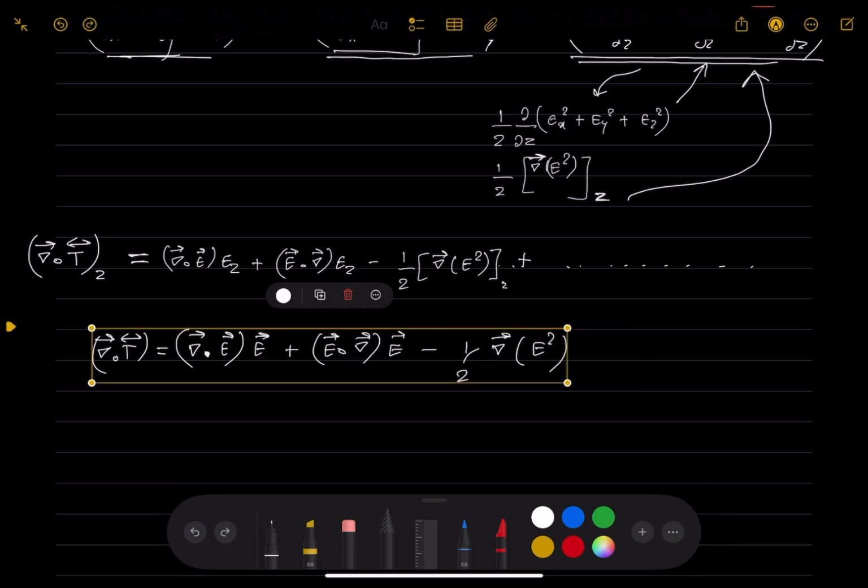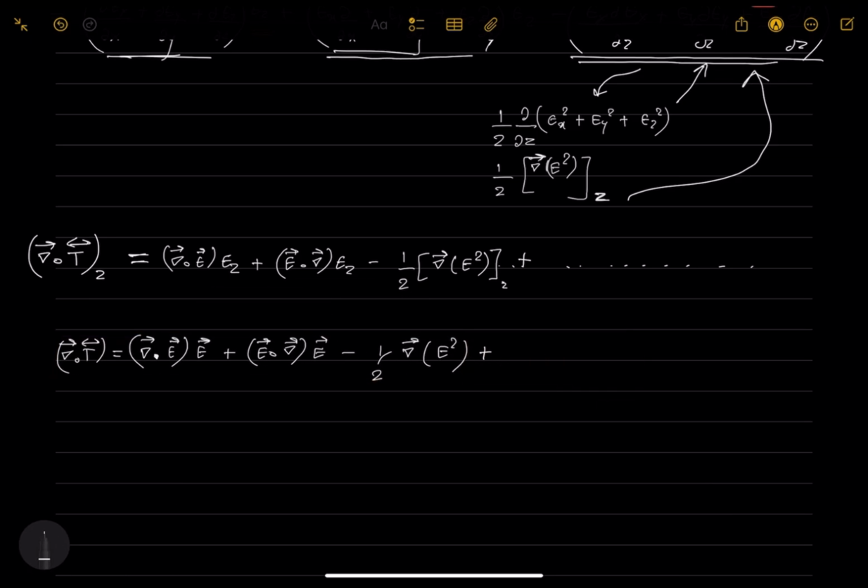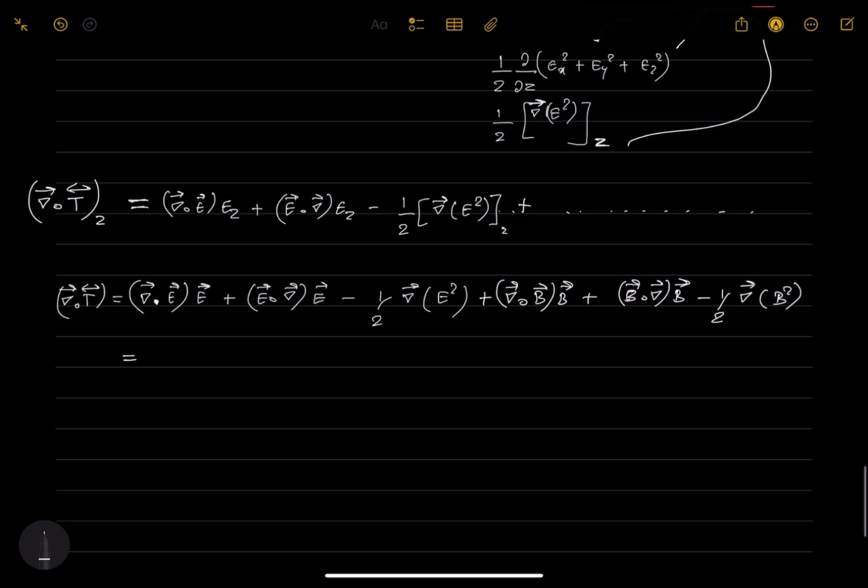And if we complement this with the magnetic field terms that we omitted for simplicity in calculations, notice what we're going to get: del dot B for B plus B dot del for B minus half of the gradient of the B squared scalar field. And if we write that in a bit more illuminating form, it's going to be del dot E plus E dot del times E.